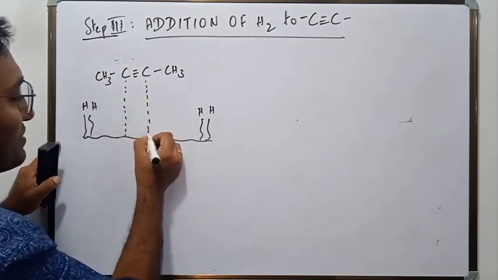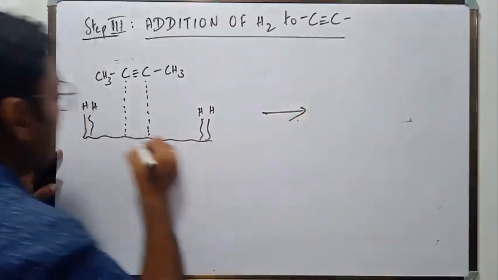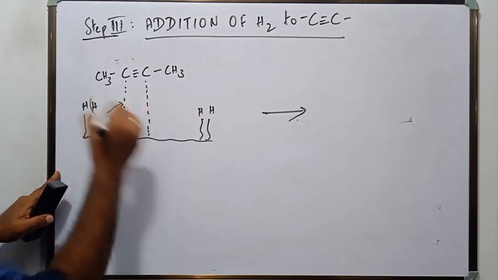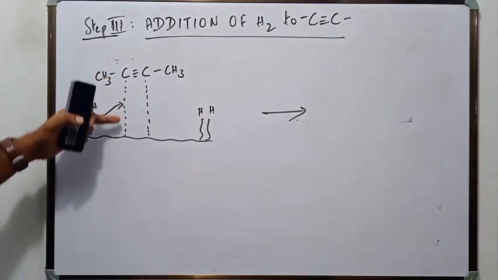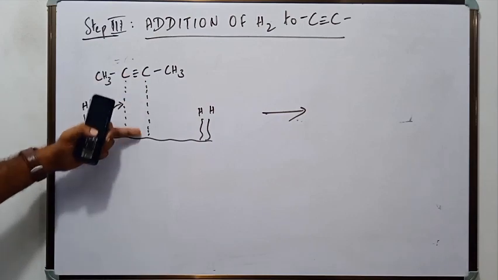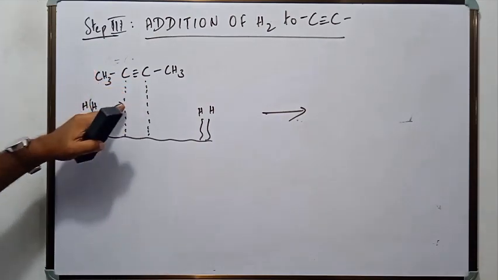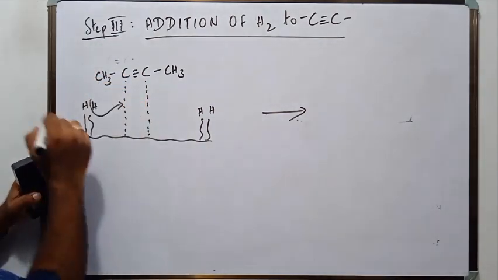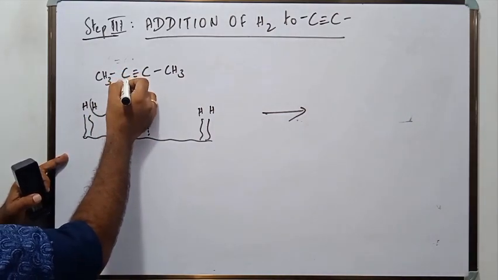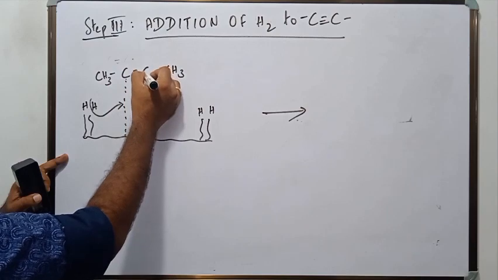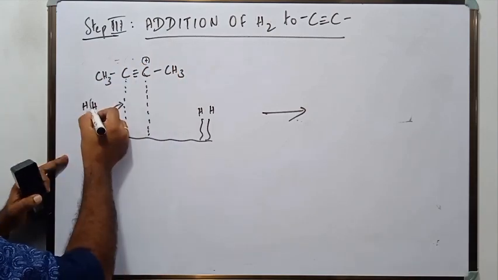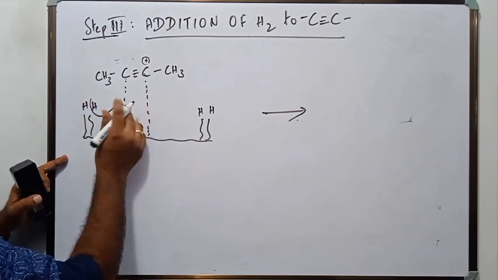Now what can happen is this hydrogen gets attracted to the pi cloud here, because the pi cloud is now dispersed here, it is directed towards the space here. The H gets attracted, H plus goes and attaches here. When H plus goes and attaches here, what can happen? The adjacent carbon atom may become positive, right? The H plus gets engulfed in the pi cloud here.